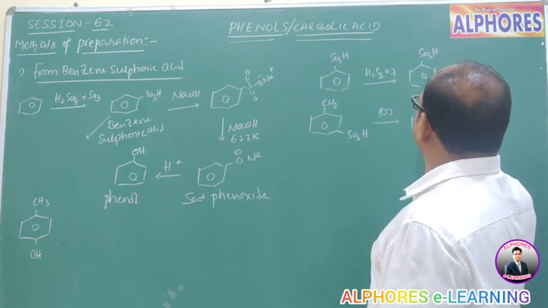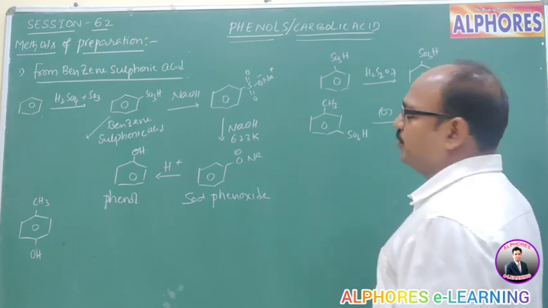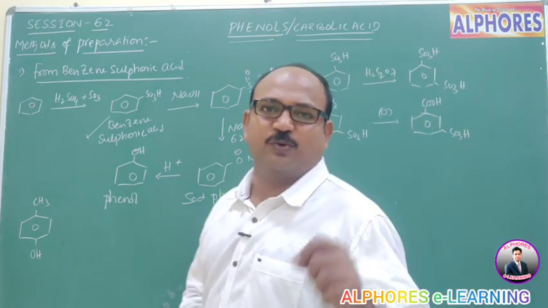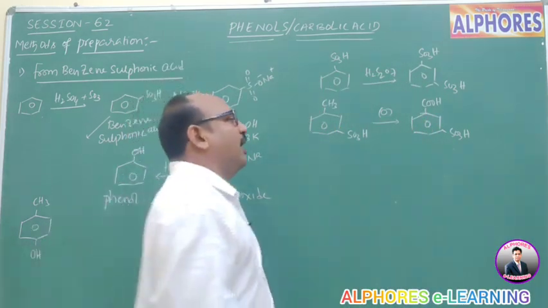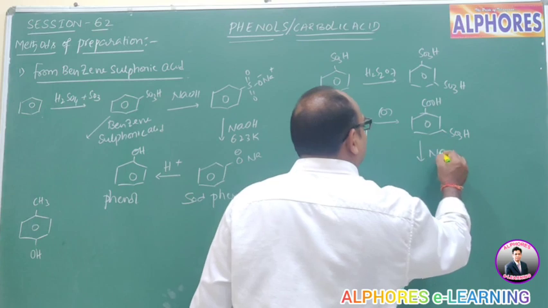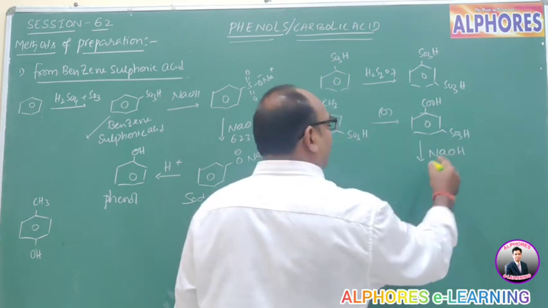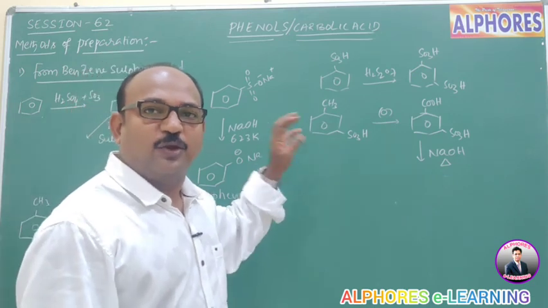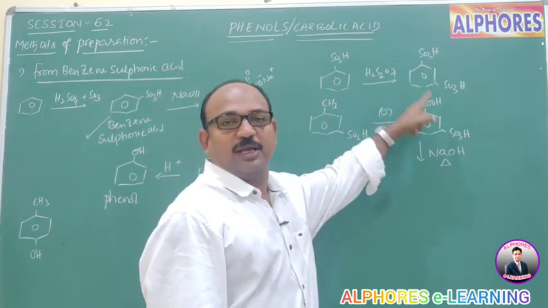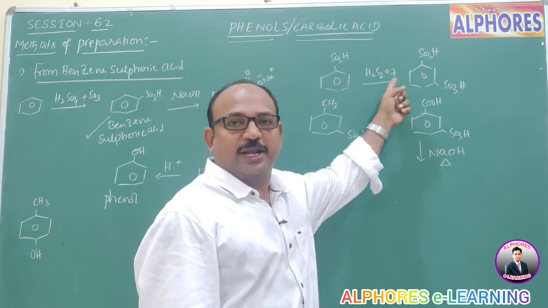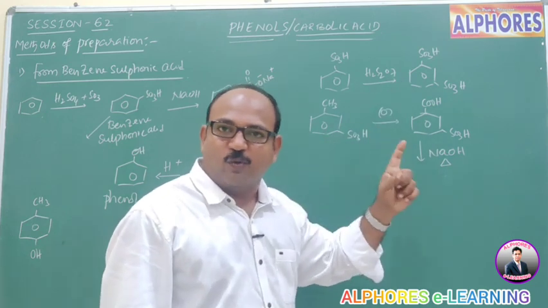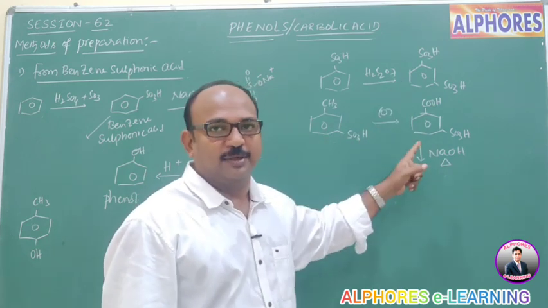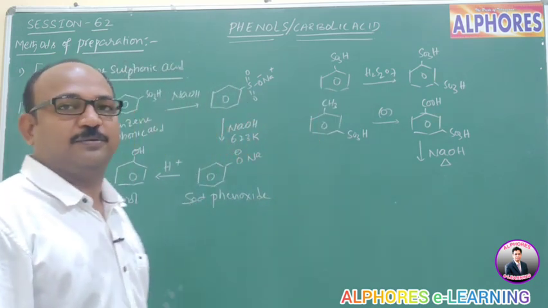Now we have COOH and SO3H groups. Upon reaction with sodium hydroxide and heat, what is the final product? Are you getting a product containing both hydroxy groups, or only one OH group? Let us check it yourself.